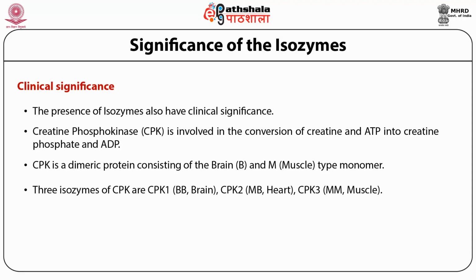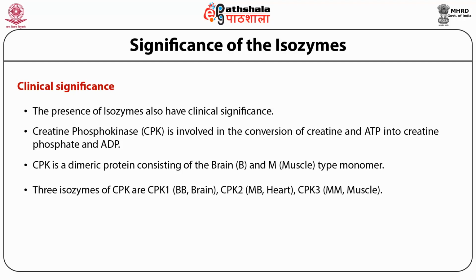So, there are 3 types of creatine phosphokinase with different arrangements of brain and muscle subunits. CPK1 has 2 brain subunits, CPK2 has 1 brain and 1 muscle subunit and is found in the heart, and CPK3 has both muscle subunits.